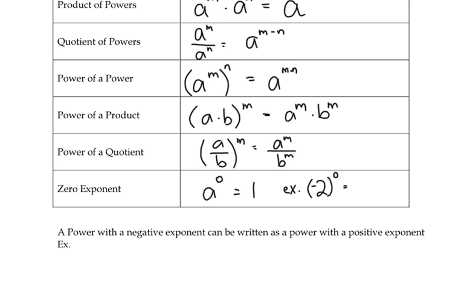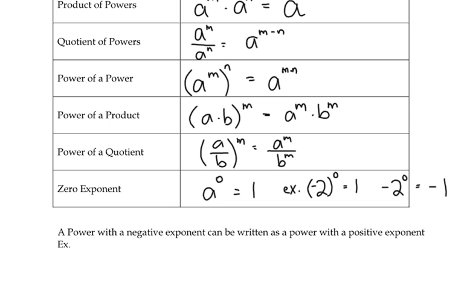So that includes the negative. That would be 1. However, if the negative is on the outside, then the difference here is just the 2 is being raised to the power of 0. And 2 to the power of 0 is 1. And now we'd have a negative in front of that. So notice the difference. Okay? If the negative is not part of that exponent, then it's going to remain. Cool? Not really. I don't know.